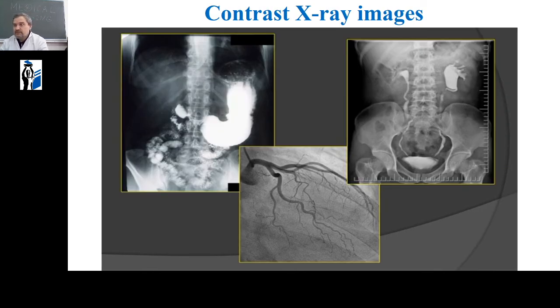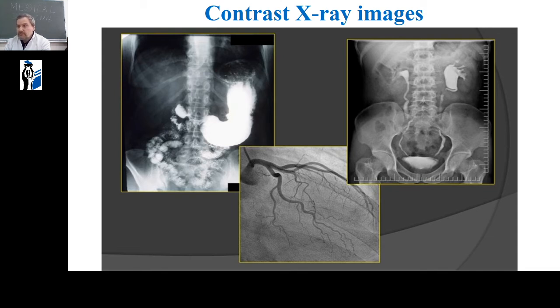In cases where native tissues are not visualized in the X-ray stream, contrast techniques are used. This slide shows a contrast study of the stomach and the passage of barium suspension through the duodenum with the transition to the small intestine on the left.